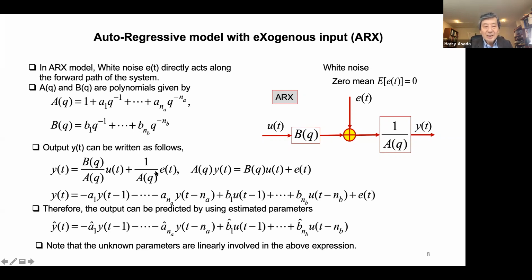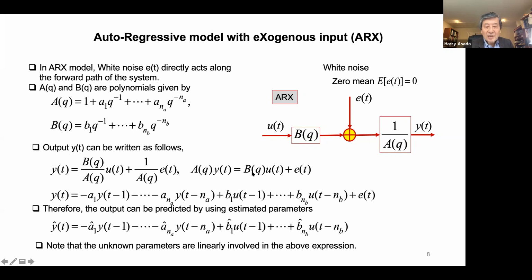So through this, output Y(t) can be written through U as B(q) over A(q) U(t). And this E(t) goes through 1 over A(q), and then is added to this. So first multiply A(q) to both sides, and then you get A(q) Y equals B(q) U plus E, okay?